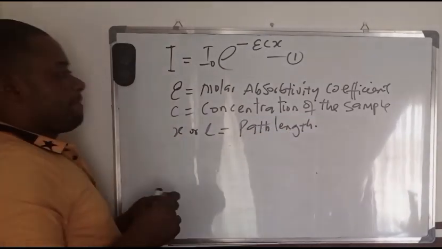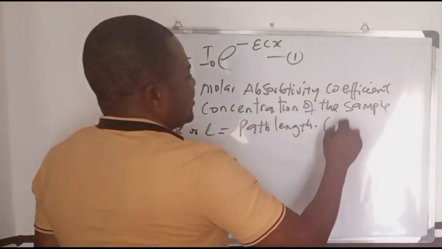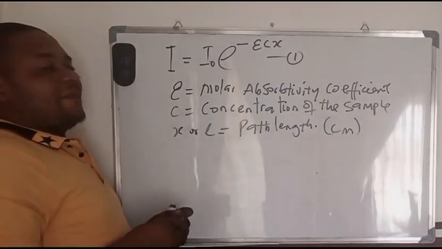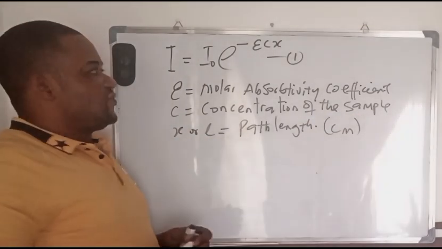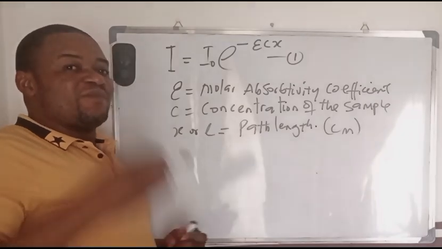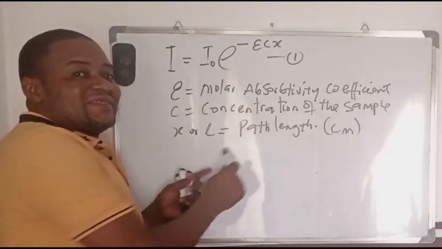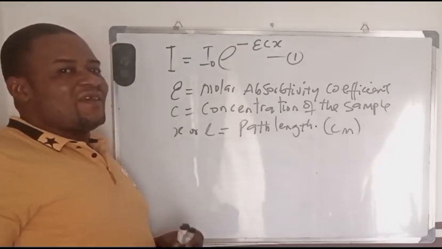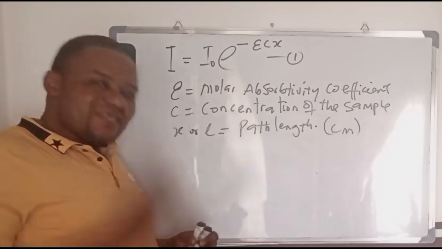The path length is measured in centimeters. So if you carry out any calculation using the Beer-Lambert equation, you must make sure that the path length is converted to centimeters. Otherwise, your answer is wrong.